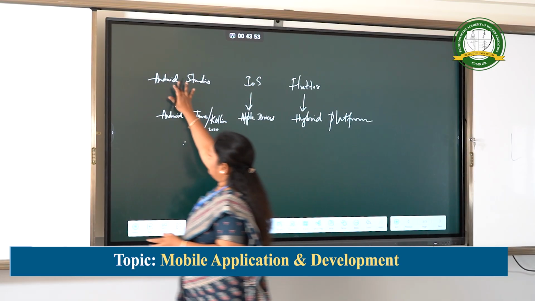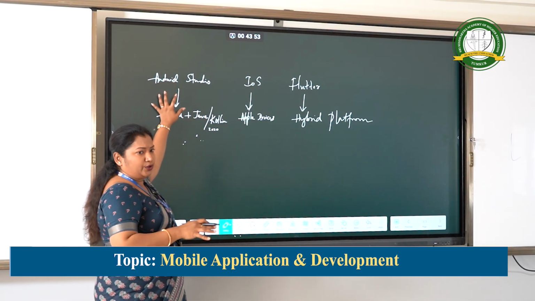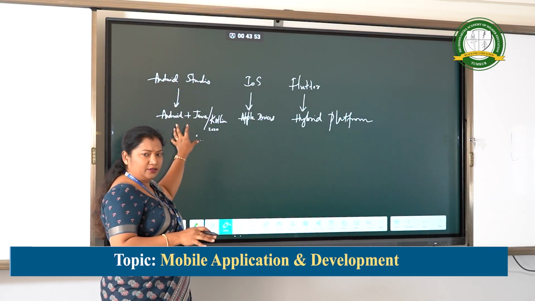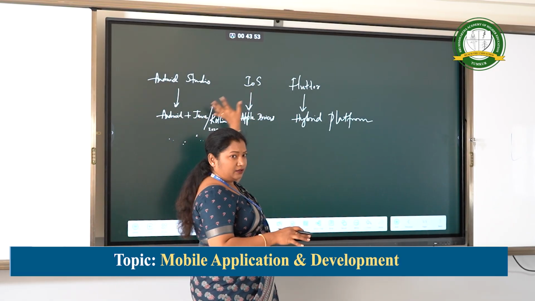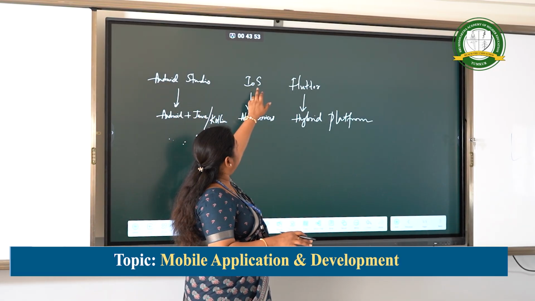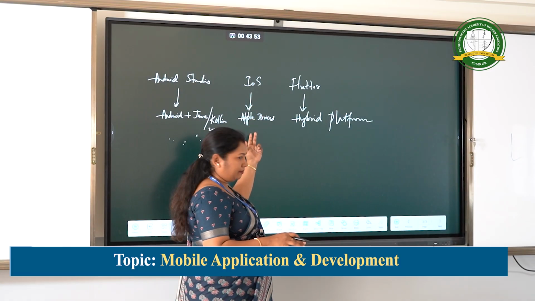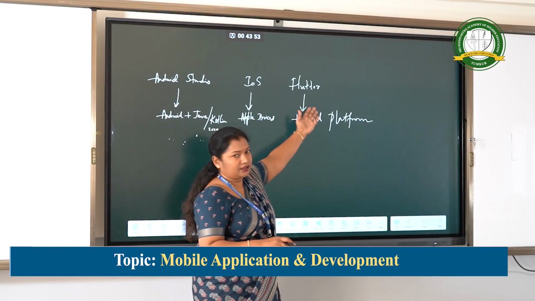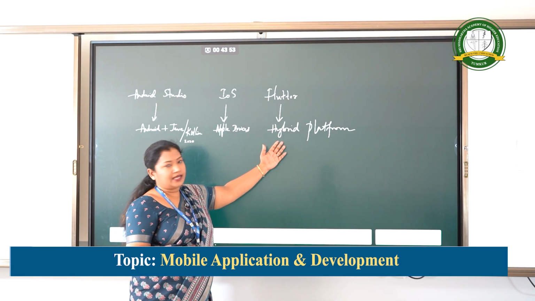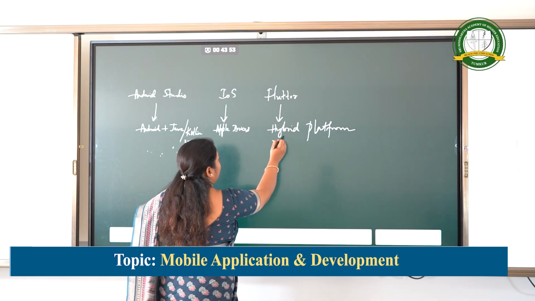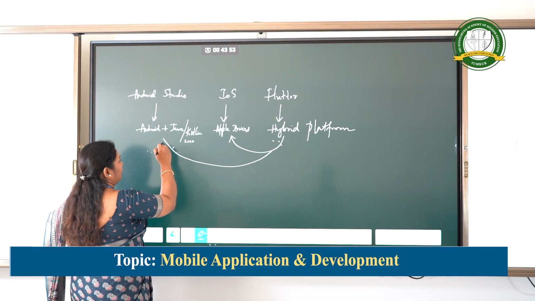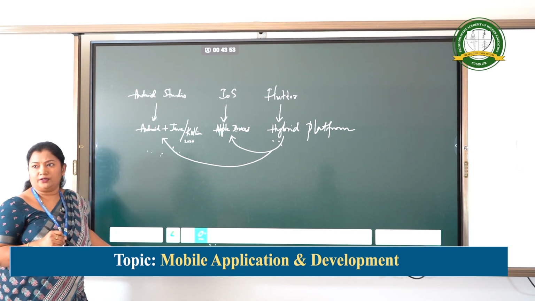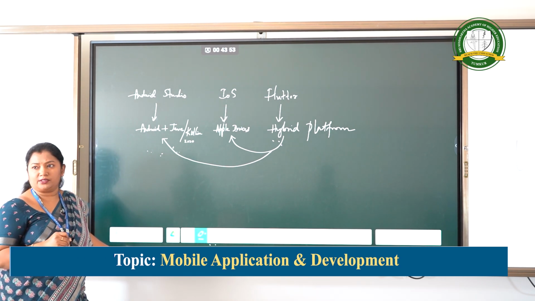If you develop mobile apps using Android Studio, they are compatible only with smartphones that use the Android operating system. Next is iOS, which is compatible only with Apple devices. But the third one is Flutter, which is a hybrid platform. If you develop mobile apps using Flutter, they are compatible with both iOS and Android platforms.